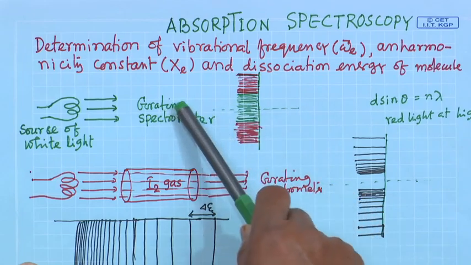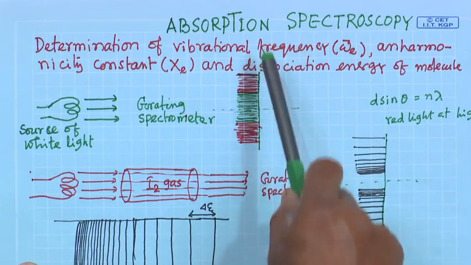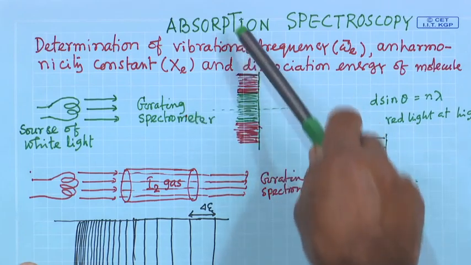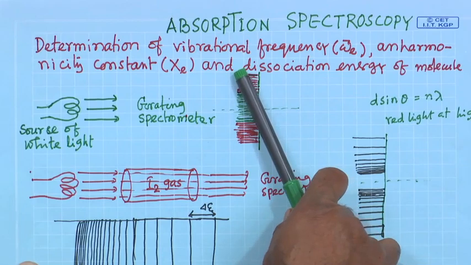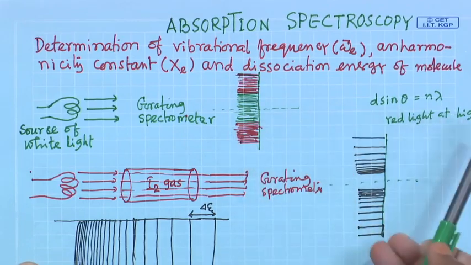So, at a higher angle you will get the red light, and at a lower angle you will get other light, say green light.